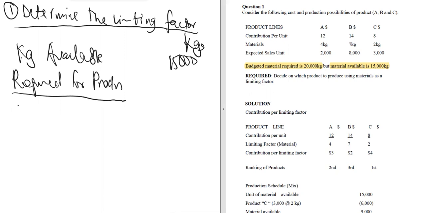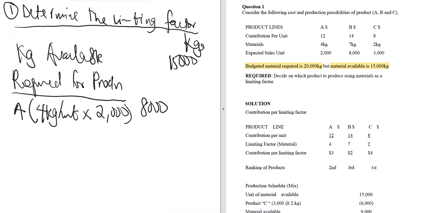If I take product A, I require 4 kg for every unit. But that is only for one unit. We are producing 2,000 units for sale, so 4 times 2,000 means we need 8,000 kg for production.